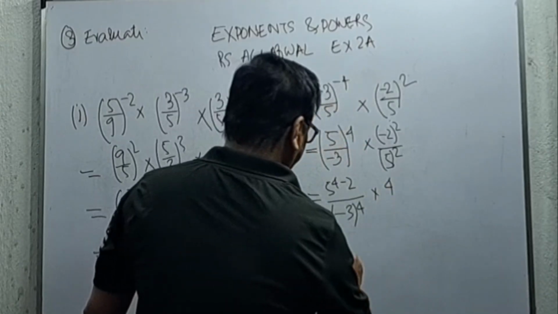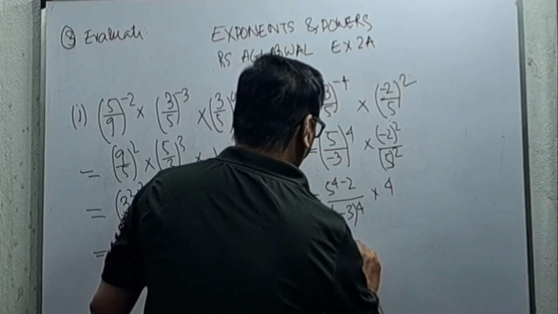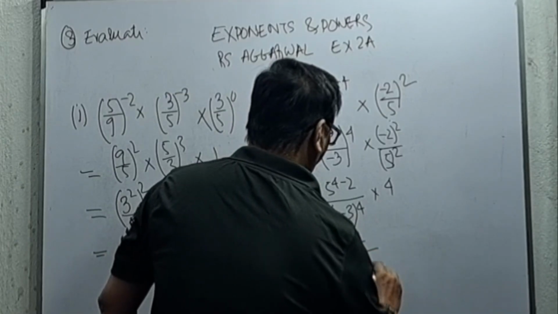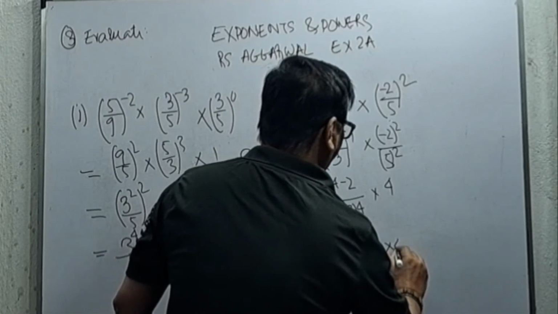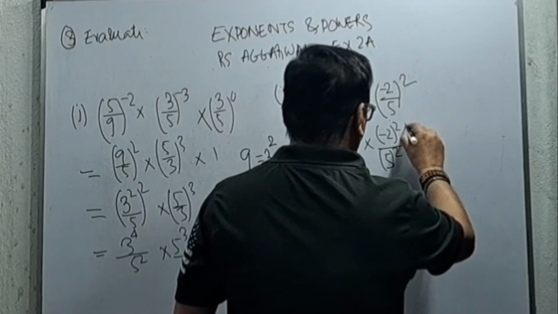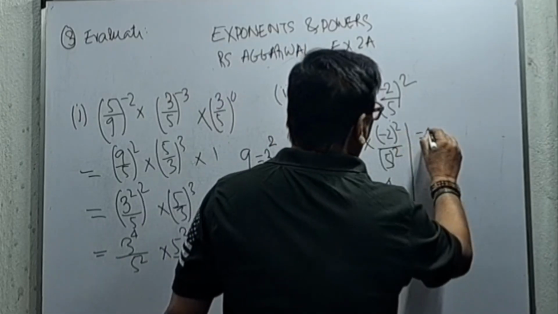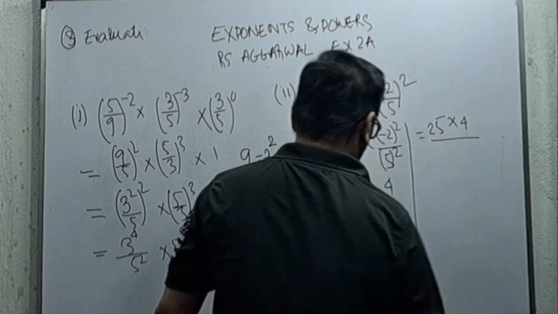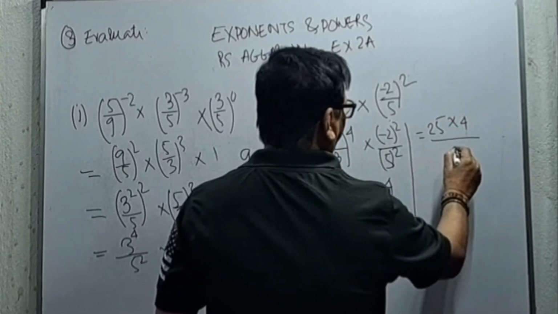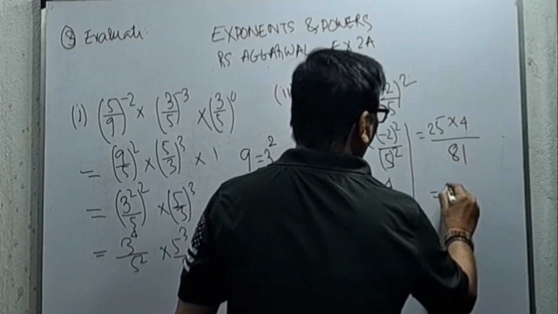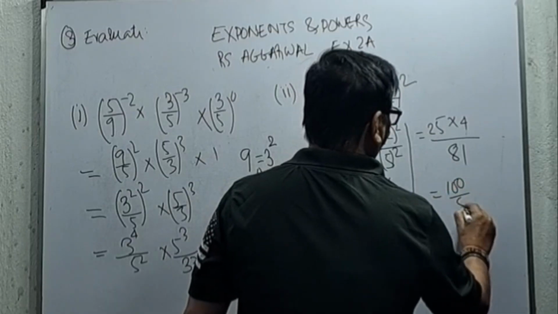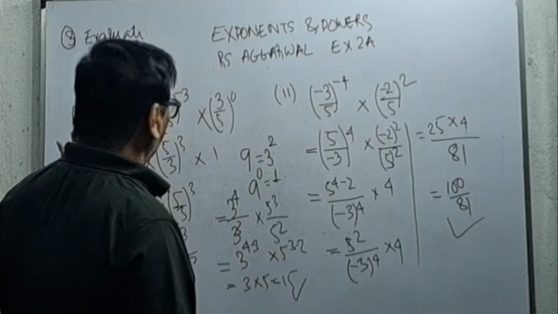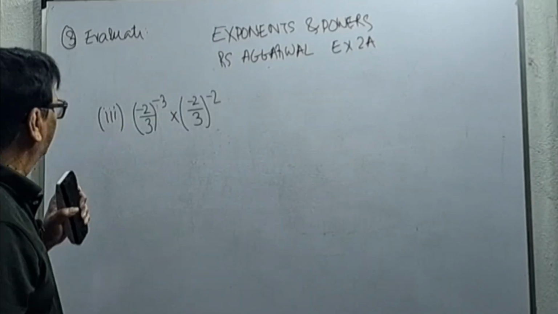Correct? So this gives you 5 to the power of 2 divided by minus 3 power 4 times 4. So if you calculate it out, you get 25 times 4 divided by 81. Right? So 100 by 81.